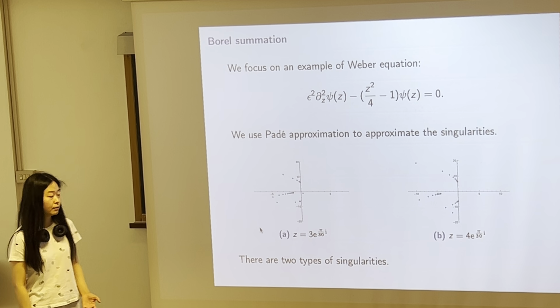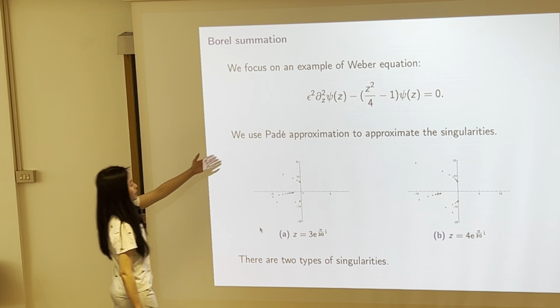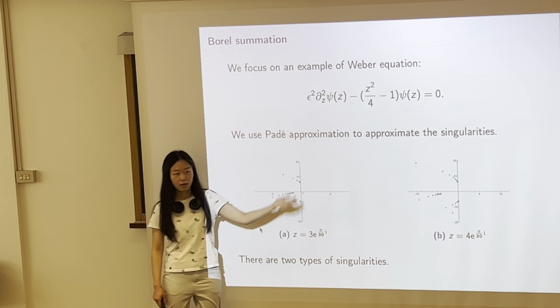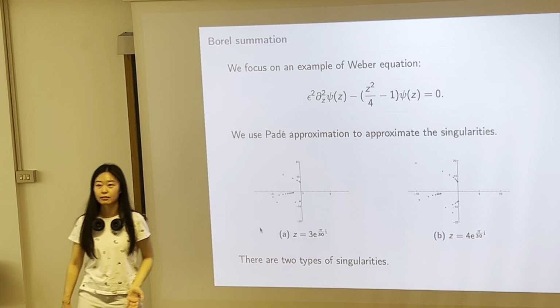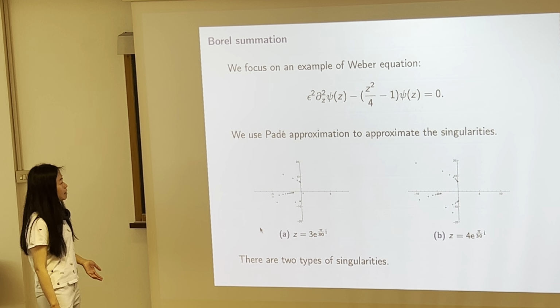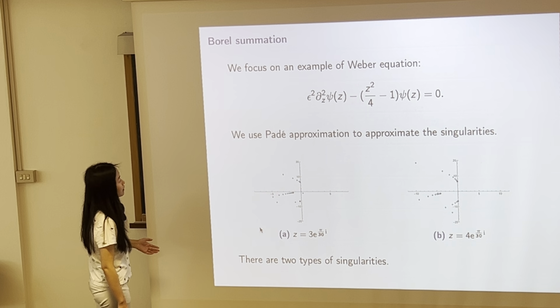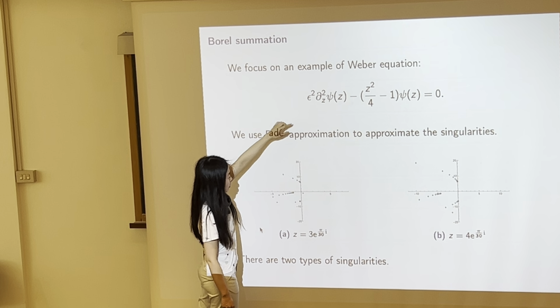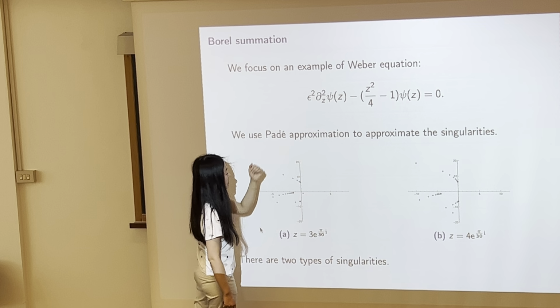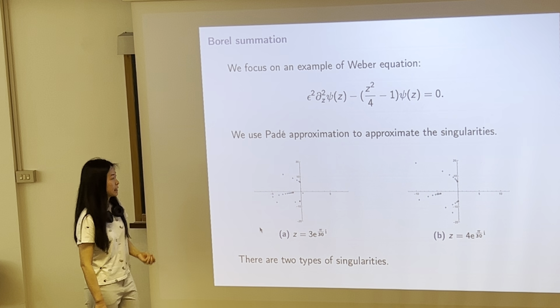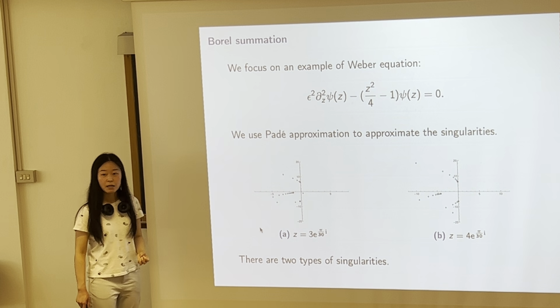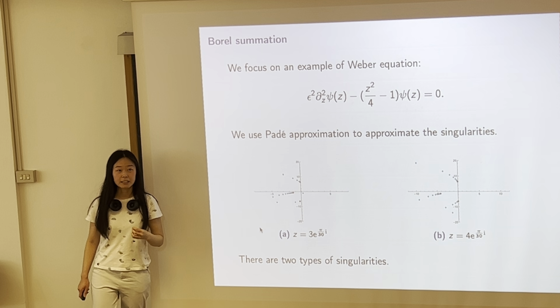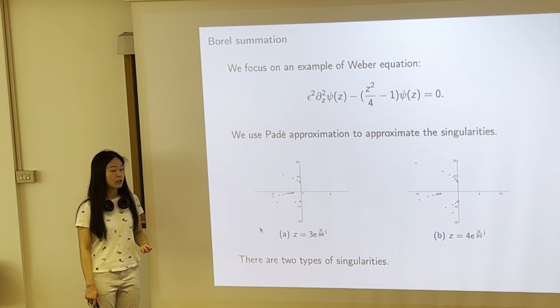To explain these things more clearly, I'm going to choose a particular simple example, which is the Weber equation, or a harmonic oscillator, but here we are studying the off-shell solution. We don't study the quantization condition. And we can check the Borel plane for this Borel transform if we want to study the singularities. However, this is in general a very hard task to do.